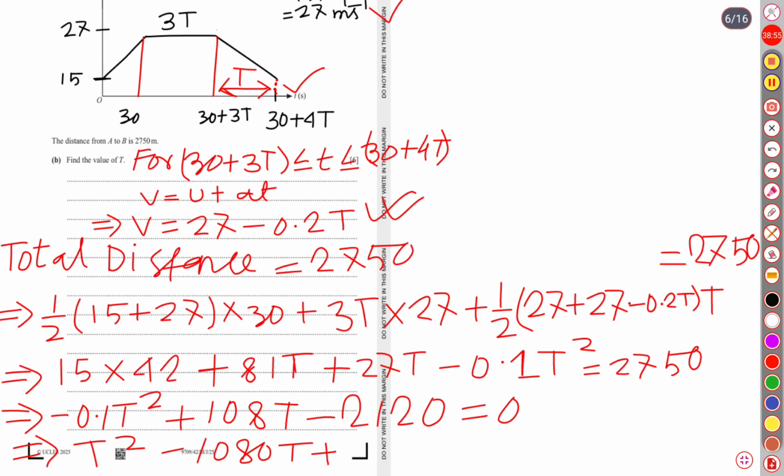So if we divide by 0.1, it is going to be plus 2121200 equal to right side. Now we are going to factorize this. If we factorize, our next step can be written over here.